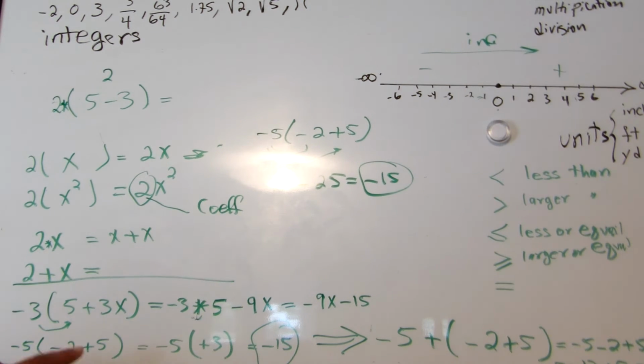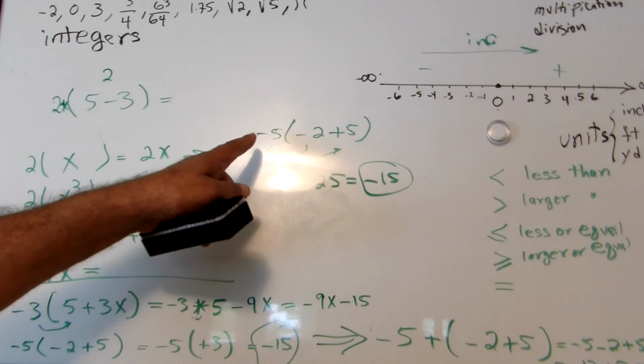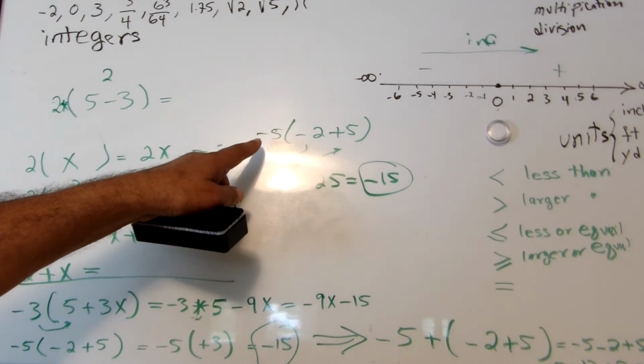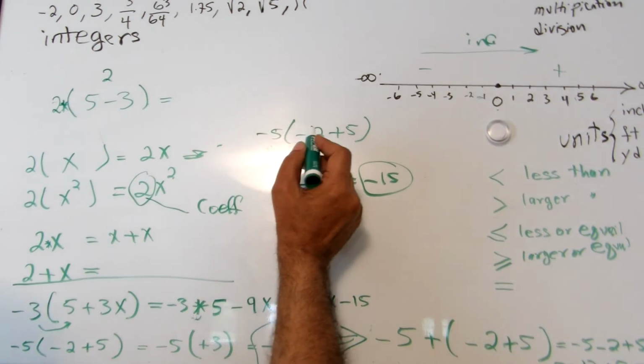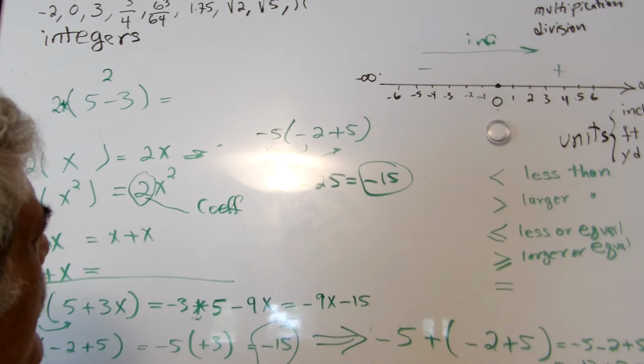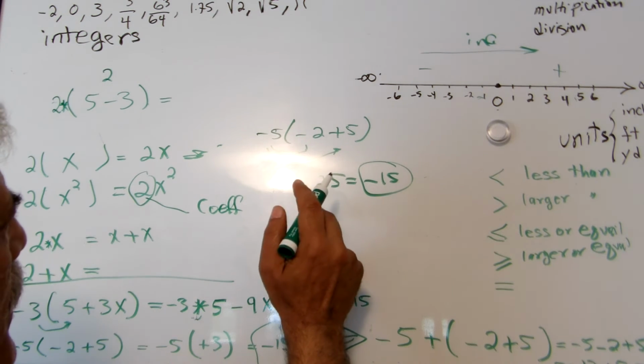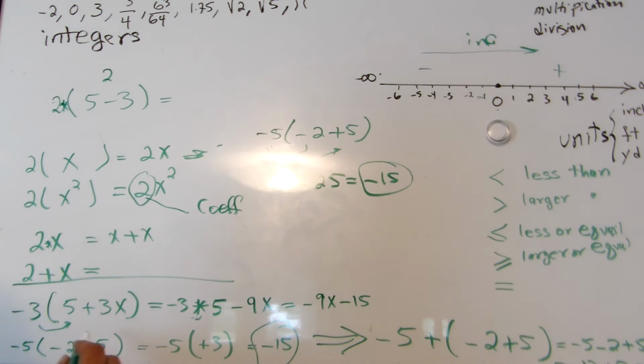Either way, you want to multiply this number by each of the quantities in the parentheses. You can do it this way, or you can first find the value of the parenthesis, which is plus 3, times minus 5.